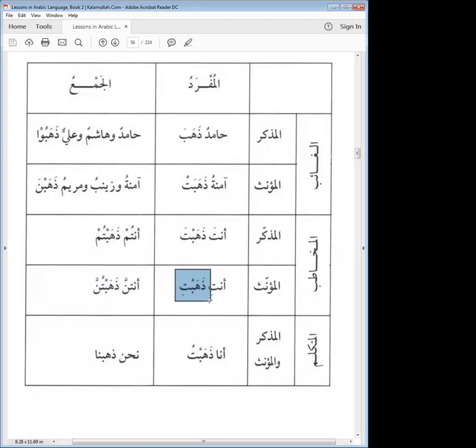Hal dhahabti ila al-mudirati? You won't see anti there in the sentence. You have to know when you see dhahabti, it means anti, you feminine singular. If you see dhahabu with the waw at the end, and you don't see any subject along with it, you know that represents what? Masculine plural, third person. So it's important to know how the verb has changed.